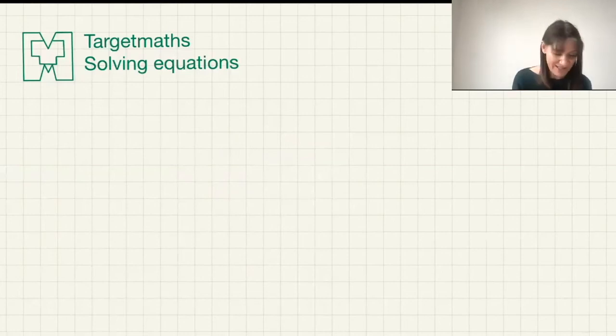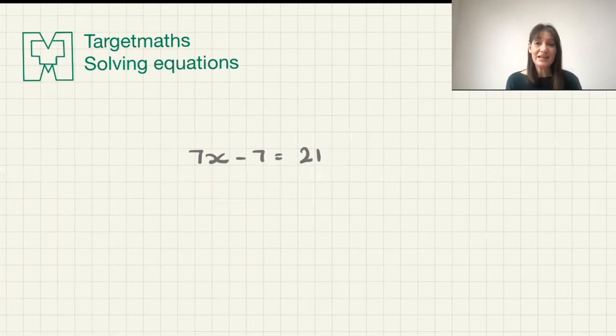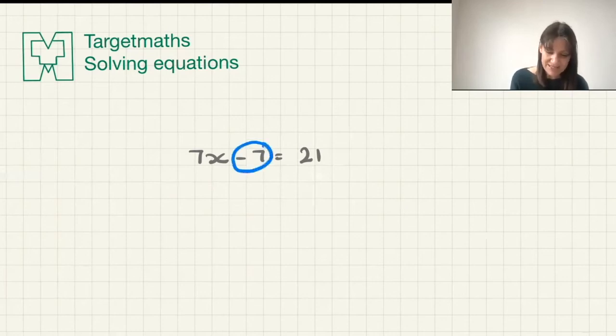But this time I need you to be super brave and go for it. We've got 7x minus 7 equaling 21. Even if you think you can see the answer, do all this hopping, learn how to do it. Okay, 7x minus 7. The last thing that came out of my mouth was minus 7.